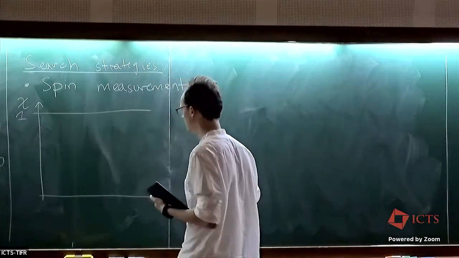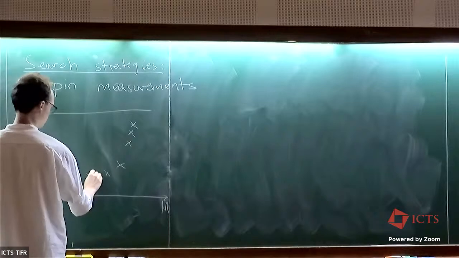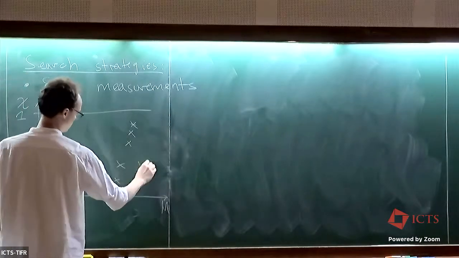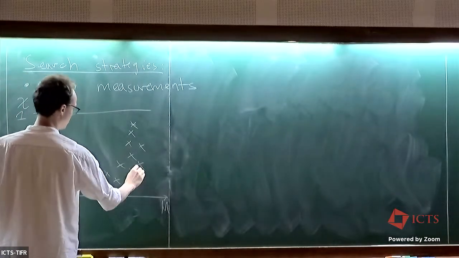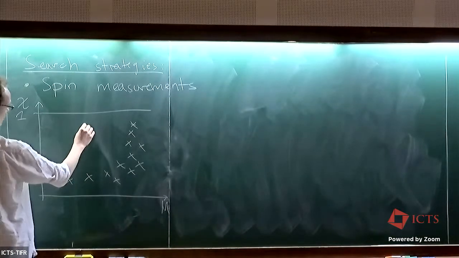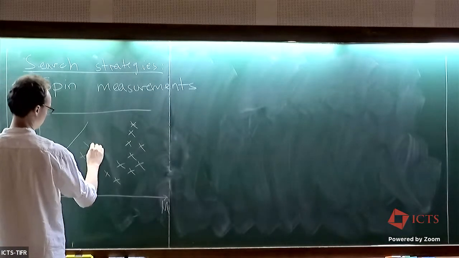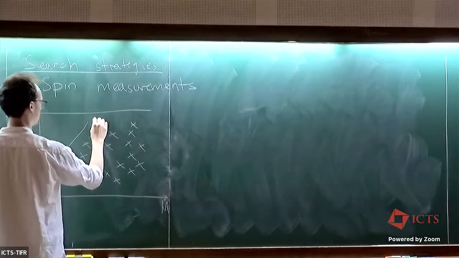And then we do a bunch of measurements of a bunch of black holes. And they all have different masses and different spins. But at some mass range, there happens to be no black hole in some mass and some spin regime.